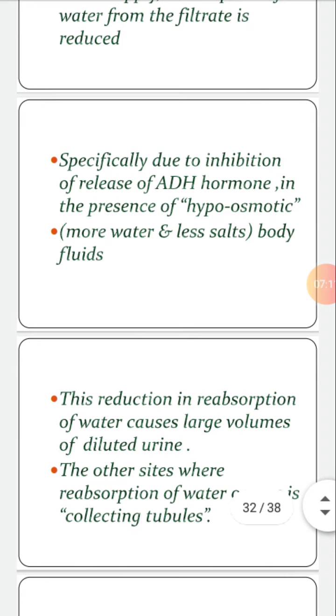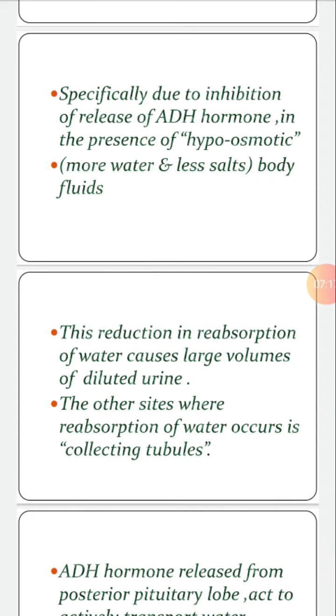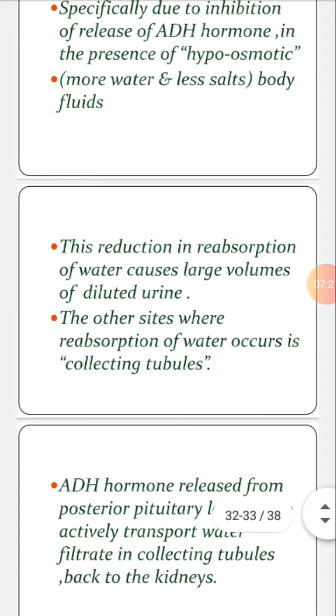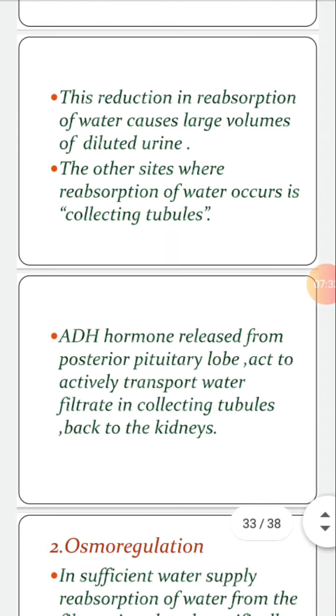This reduction in reabsorption of water causes large volumes of diluted urine as there is more water. The other place where reabsorption of water occurs is the collecting tubules, as the name suggests their role is to collect. ADH released from the posterior pituitary lobe acts to actively transport water from the filtrate in collecting tubules back to the kidneys.